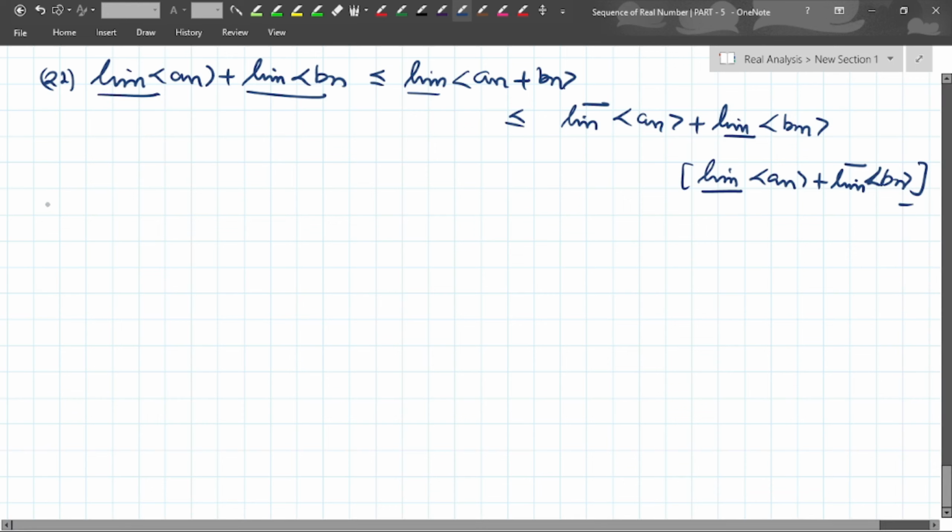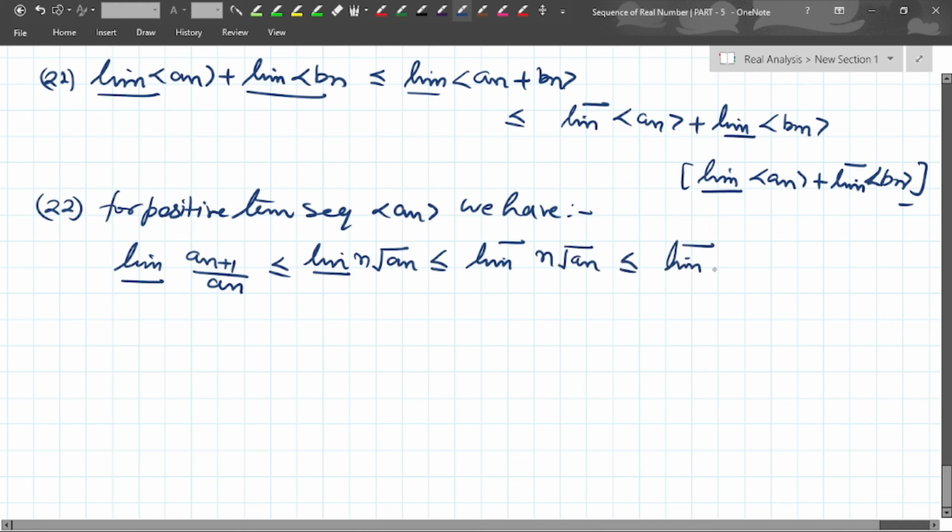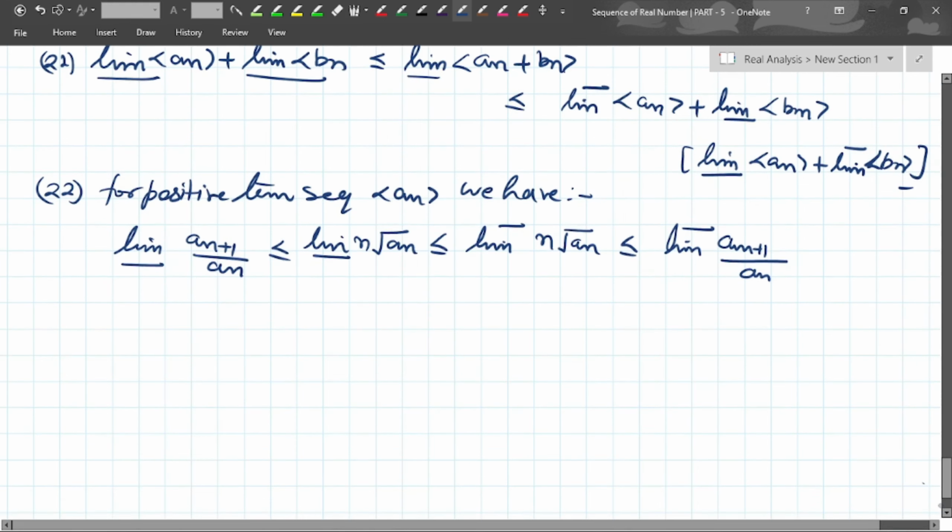Let's say, okay, 22, for a positive term sequence an, we have the limit infimum of an plus 1 upon an is less than or equal to the limit infimum of the nth root of an, and the limit supremum of the nth root of an is less than or equal to the limit supremum of an plus 1 upon an. This is for positive terms, not for negative, because the radical is here.